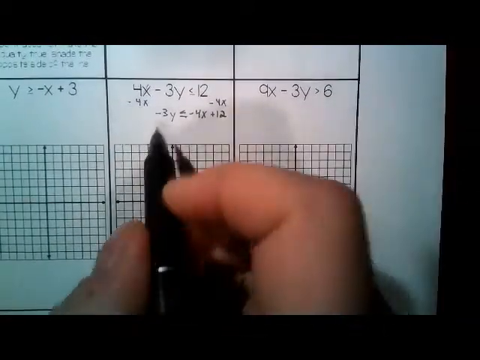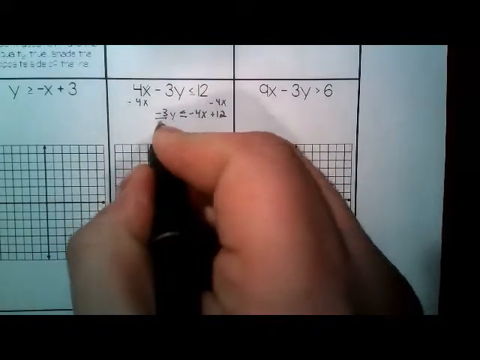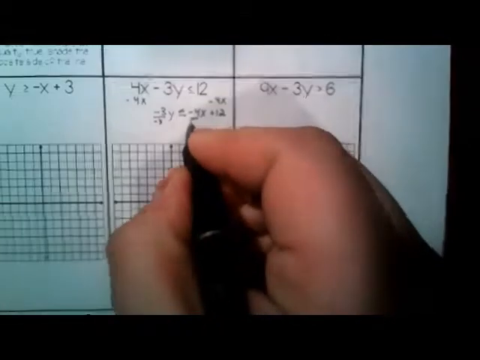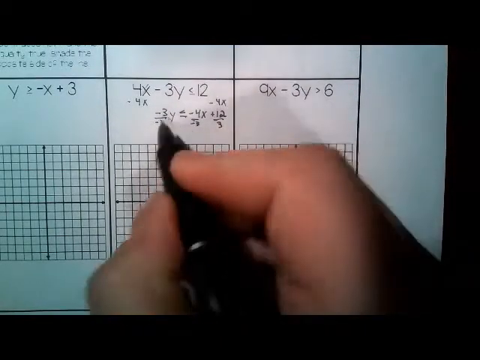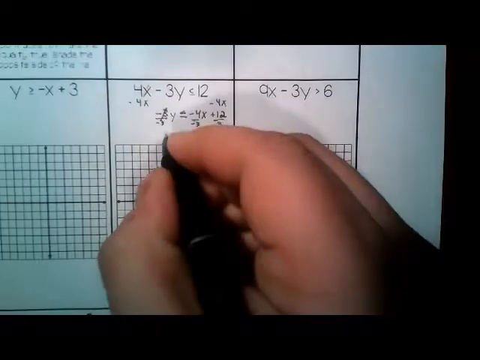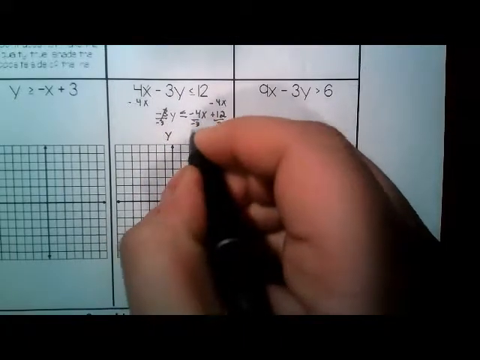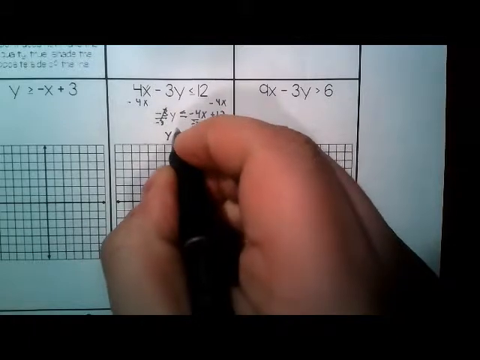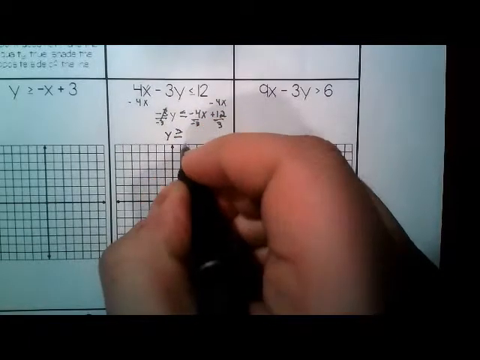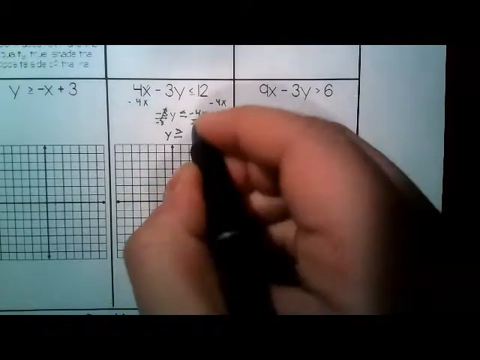Last step, divide by negative 3. Right, every term by negative 3. When I do that, these cancel, and I have y, and I've got that golden rule. When you divide by a negative, this flip-flops. Y is greater than or equal to.